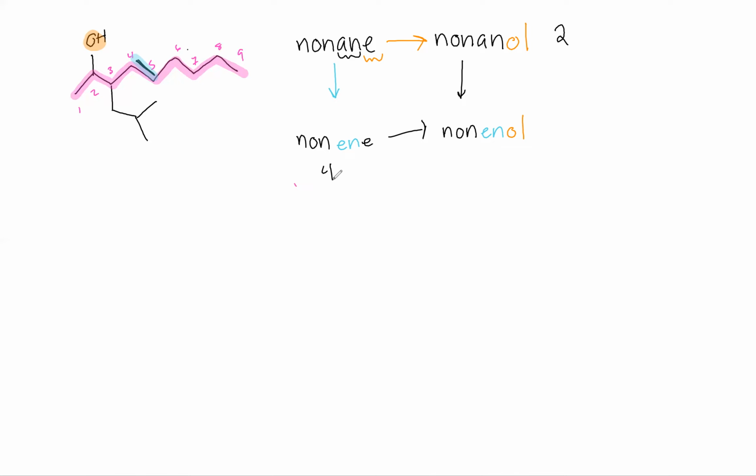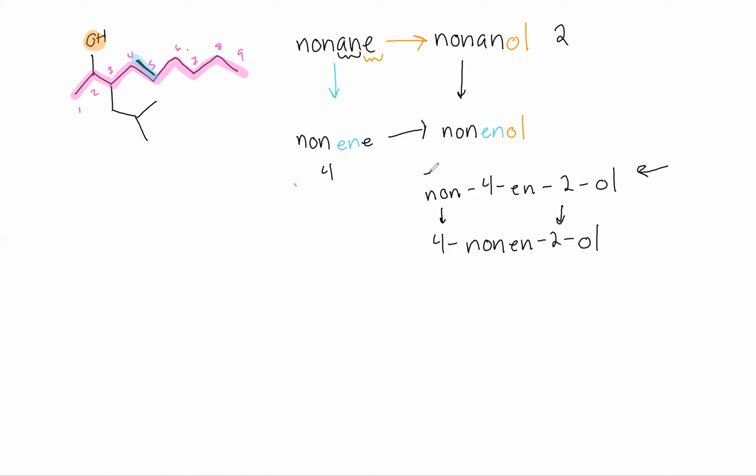Remember, you give the alkene the number that it starts on and not the number it ends on. There are multiple ways that you can name this. You can either say non-4-ene-2-ol, which I prefer. Technically, you could also name this 4-non-ene-2-ol, but you can't really put both of these numbers in front of the non name, because that would make things confusing, and it makes it really hard to tell which one is going to be 4 and which one is going to be 2.